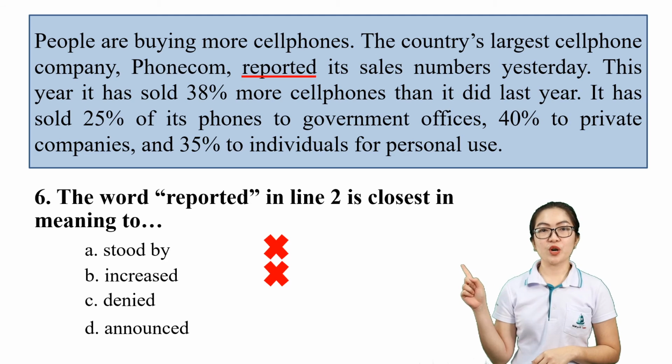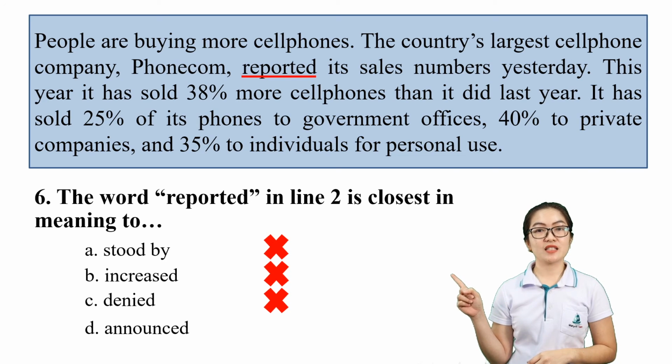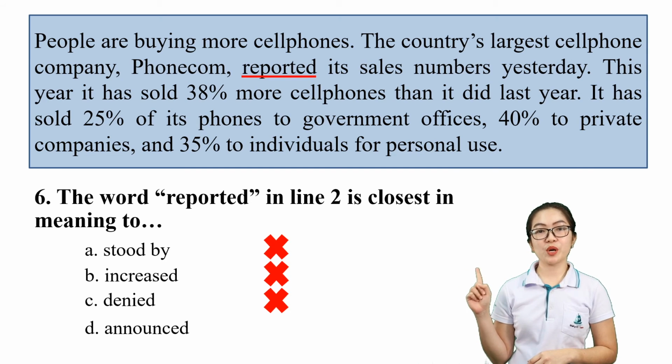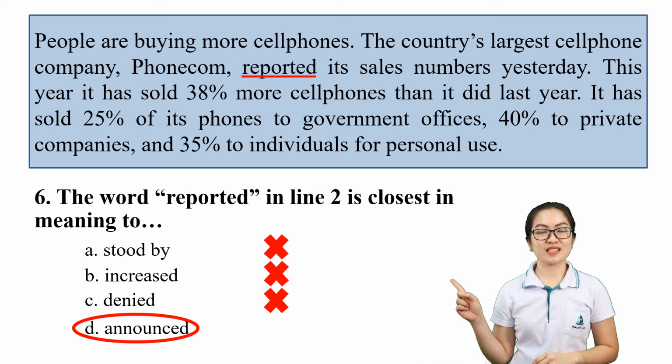Increased is a verb that means become or make greater. Also not related to the context apart from the mention of the sales difference. Letter C, denied, means not being permitted. The meaning of reported is having been formally announced. Therefore, the answer is letter D, announced.